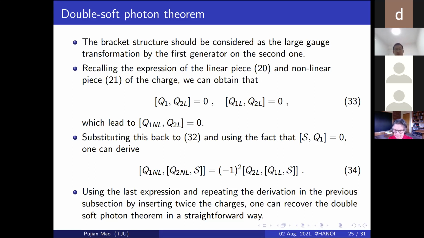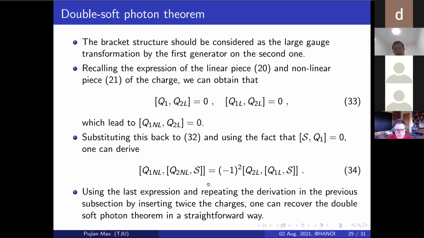Somehow this is a consequence of the gauge invariance of the U component of the current. And since there are only currents in the linear piece, they should commute. In the end, you prove that Q1 nonlinear commutes with Q2 linear. And finally, you get this result, equation 34.